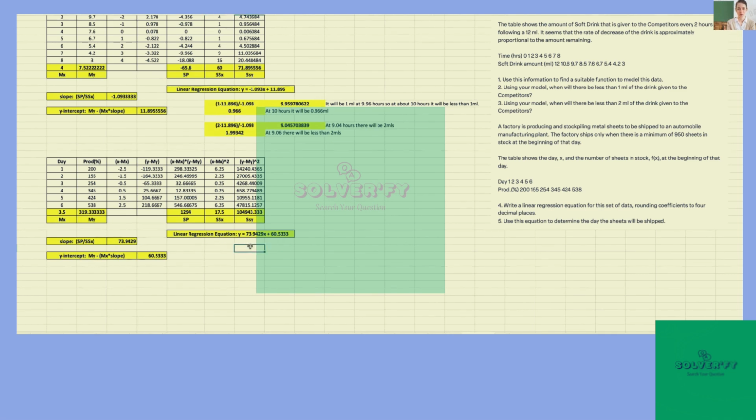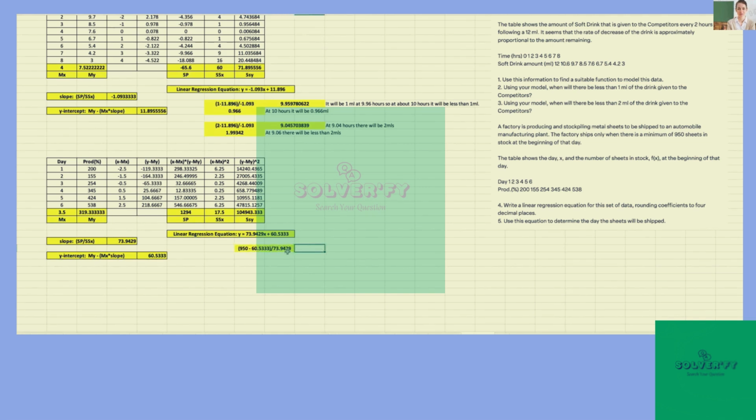So you would do 950 minus 60.533, and then you would have to take that, whatever answer that is, and then you would divide it by 73.9429. Okay, and so I'm just going to merge and highlight that.